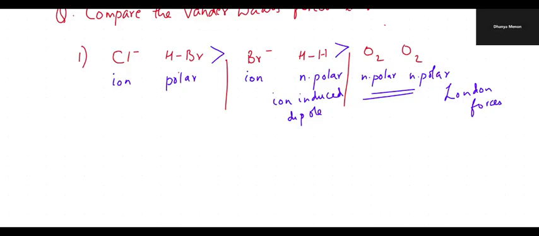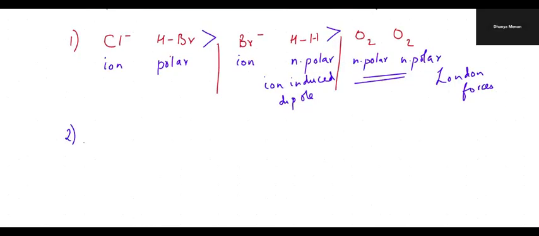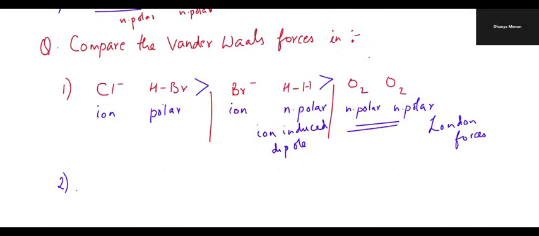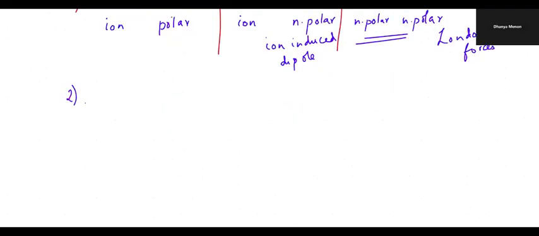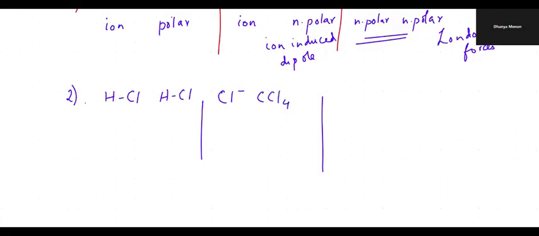Okay. Second one is the same question. You have to compare the van der Waals forces in HCl, HCl, polar and polar. Then I have chloride ion, CCl4. Then I have hydrogen and HBr.